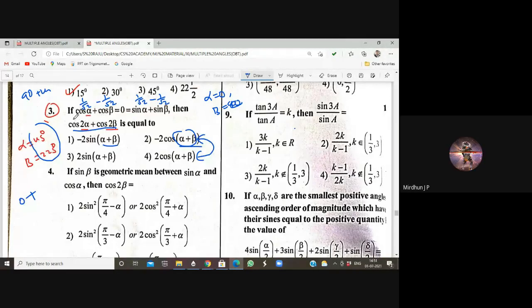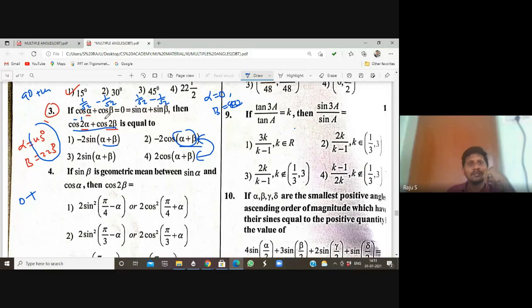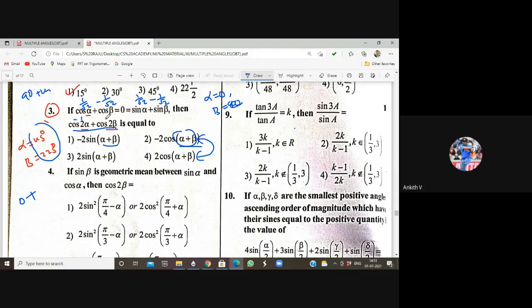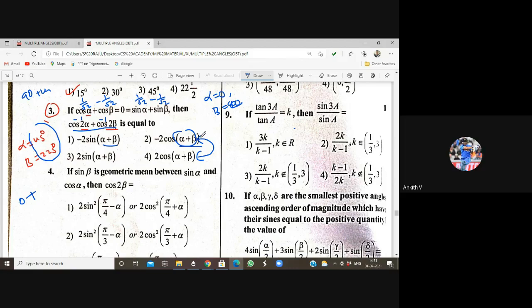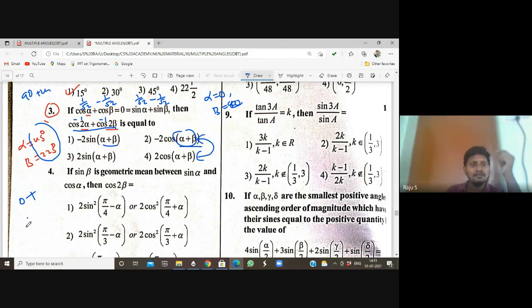Cos 180, minus 1. Then here, this is 450, the same. Cos 540 is cos 180 again, so minus 1. So minus 2. Then alpha plus beta, 90 plus 270 is 360.